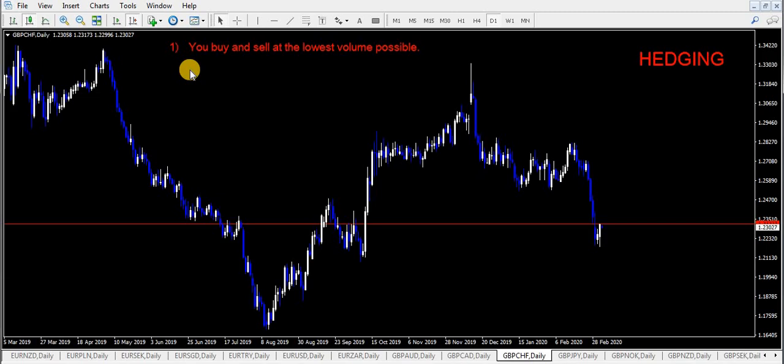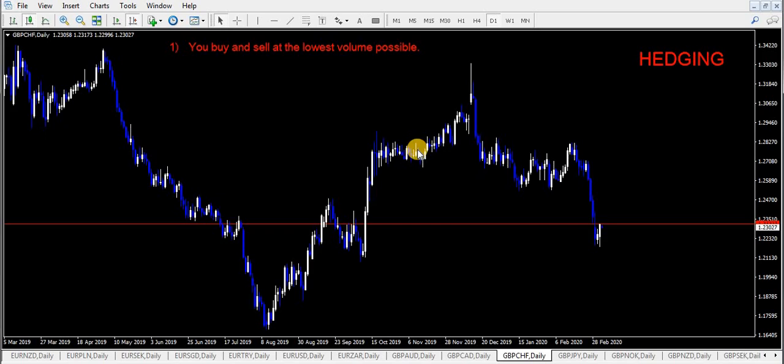Now, before I continue, when you buy and sell at the lowest possible volume, let's say price has got to a level and you don't know where it might go next. What you do is you buy and sell at that particular level where price is, then you just watch and see where the market is going to go next.